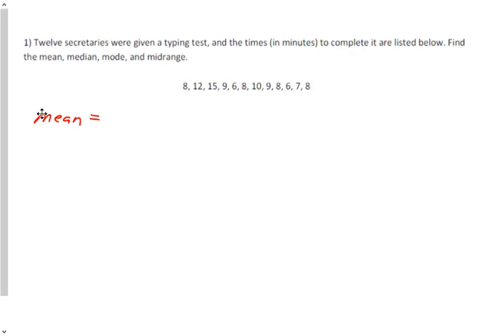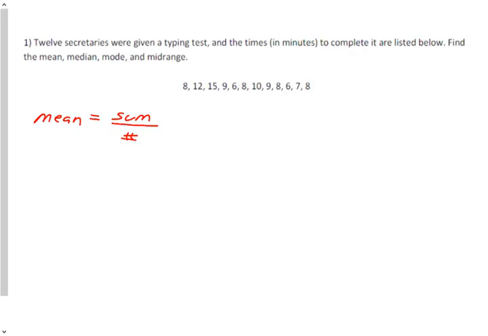Okay. So the mean is, how do we want to write this? Probably that's the best definition: the sum of the numbers divided by how many numbers there are.